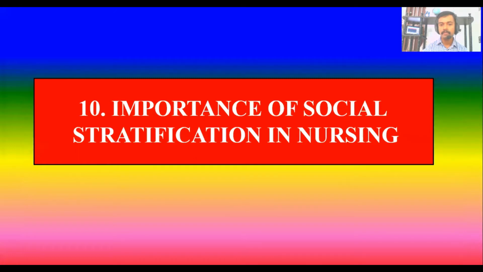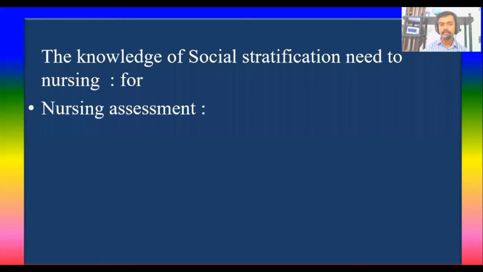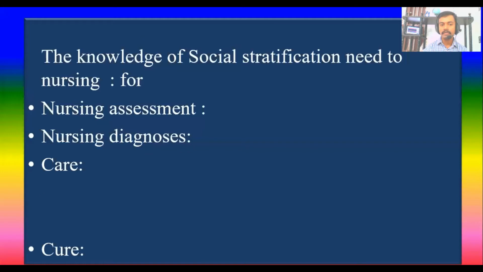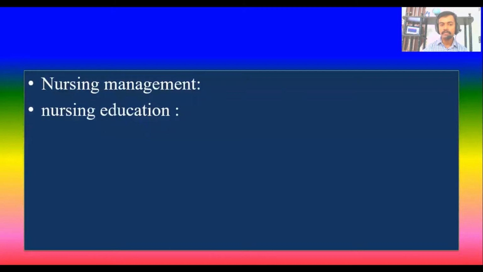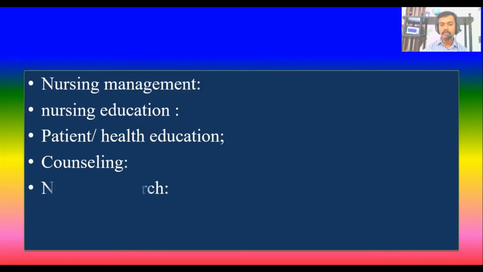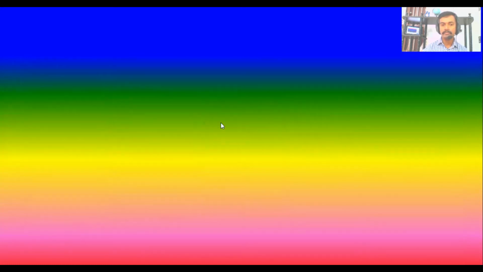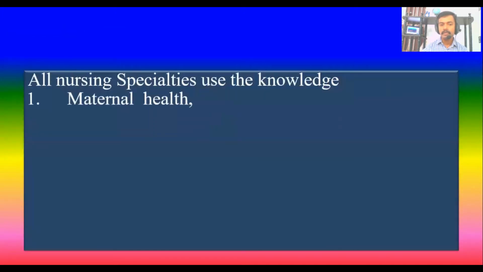The importance of social stratification in nursing. First, nursing assessment, nursing diagnosis, care, cure, prevention, promotion, nursing management, nursing education, patient health education, counseling and nursing research. All the nursing disciplines should apply this knowledge.